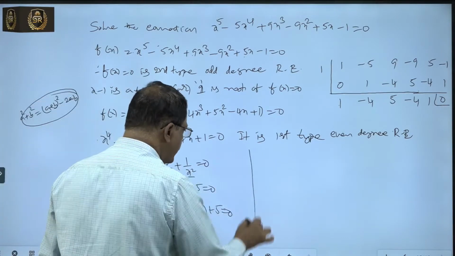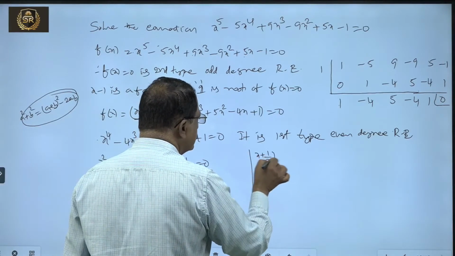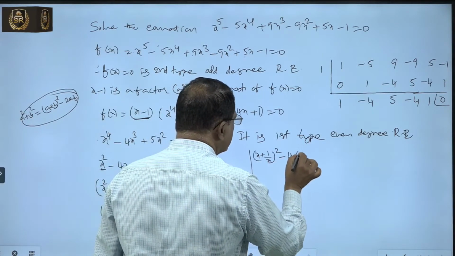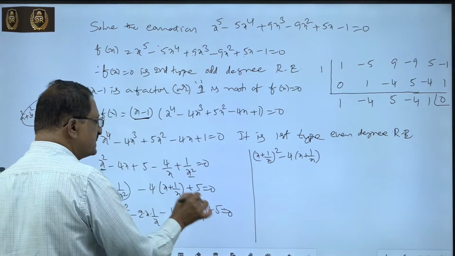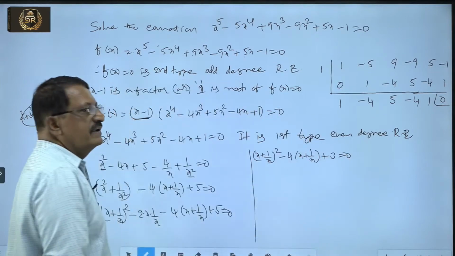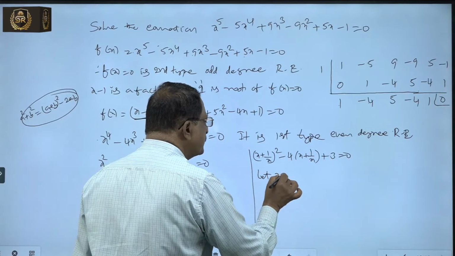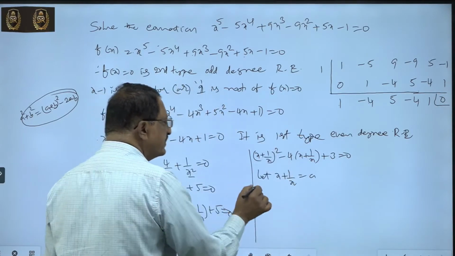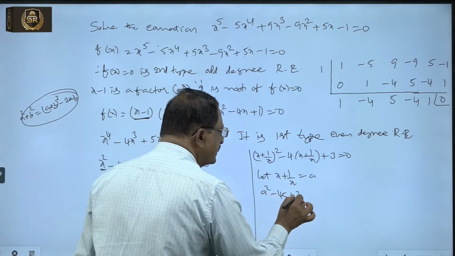Now we get x plus 1 by x whole square minus 4 of x plus 1 by x, and here minus 2 plus 5 is plus 3, equals 0. Now let x plus 1 by x equals a. Now this equation becomes a square minus 4a plus 3 equals 0.